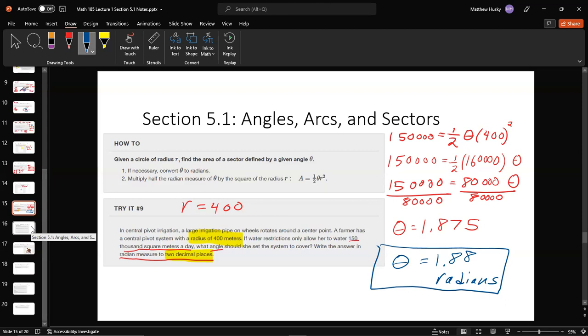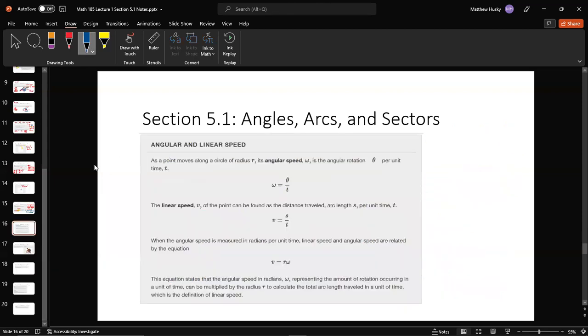All right, what else do we have going on here? So angular speed and linear speed. In very broad terms, think of this like there's the speedometer on the car that tells you how fast you're going as a linear speed. That's going to tell you miles per hour. You might have also noticed that on a lot of cars, they have an RPM gauge, which is showing you the revolutions per minute, which is telling you how quickly the gears are spinning.